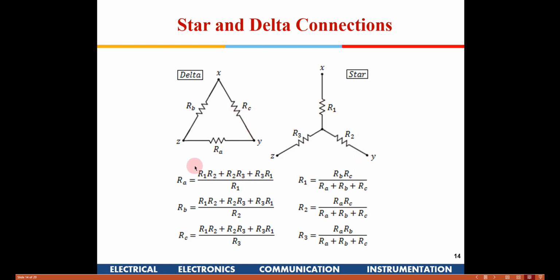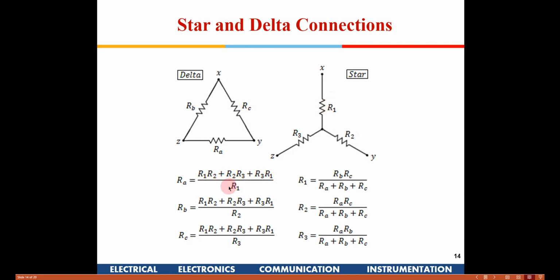Similarly, if you have to convert a star into delta, this is the formula. For RA, you have R1 R2 plus R2 R3 plus R3 R1 divided by R1.